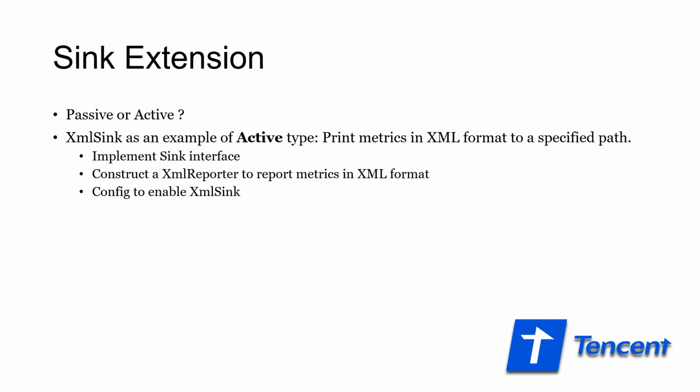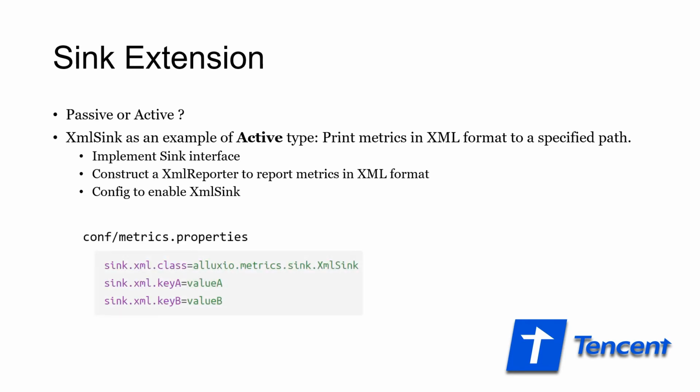After that, we need to enable our sink by adding the XML sink class we just defined to the metrics properties. In addition, we can add some properties to our sink in this format. Now, this is how to implement an XML sink, an active sink. Similarly, if you want to implement a passive sink, you can refer to the JSON sink or the Prometheus sink.